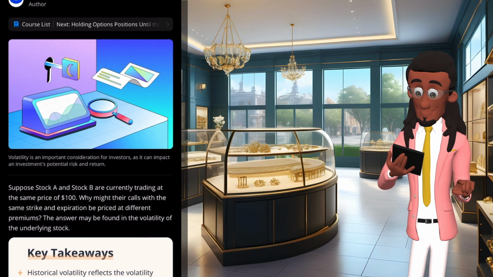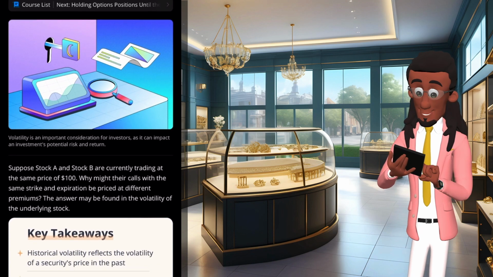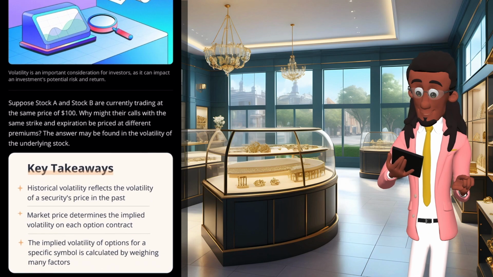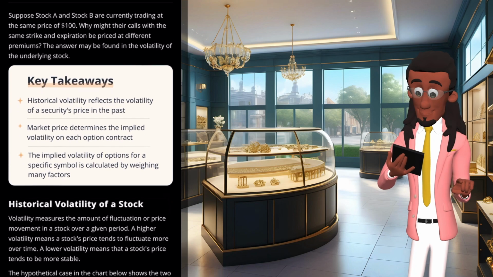All right, suppose stock A and stock B are currently trading at the same price of $100. Why might their calls with the same strike and expiration be priced at different premiums? The answer may be found in the volatility of the underlying stock. Historical volatility of a stock.